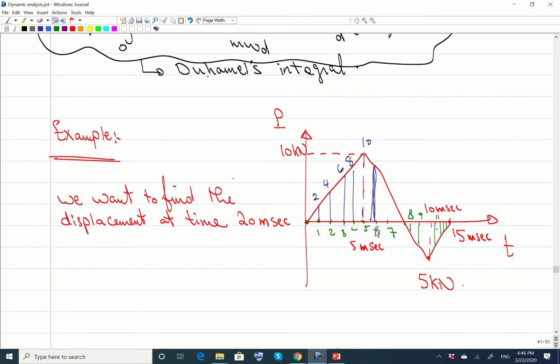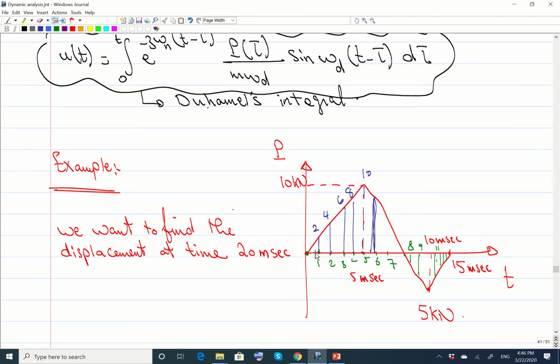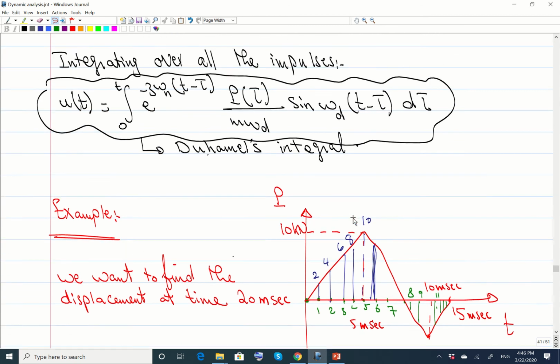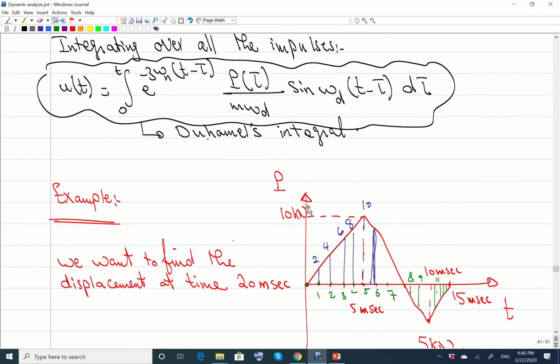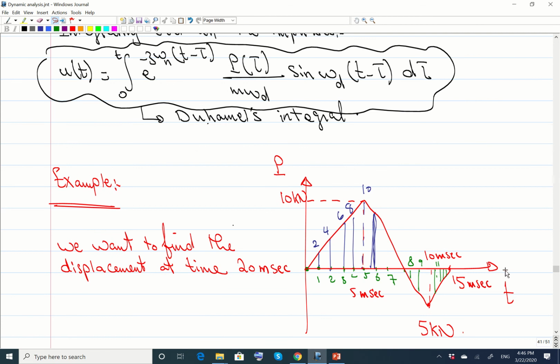I give you the force, and you have the sampling points over here. So you know p of 0, p of 1, p of 2, 3, 4, 5, 6, and so on. You know the forces. So simply, let's say you want to find the displacement at 20 seconds. How much is the displacement at 20 seconds? You need to integrate all the forces up to the 20th second. The force here ends at 15.